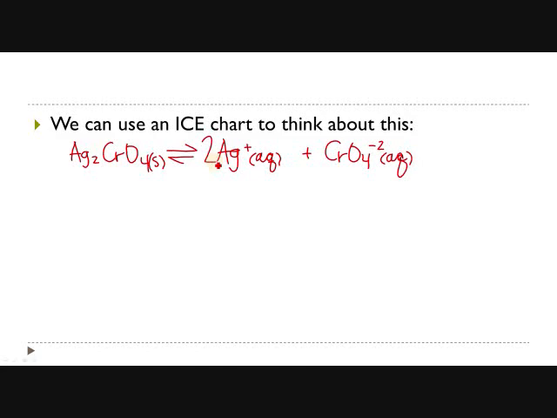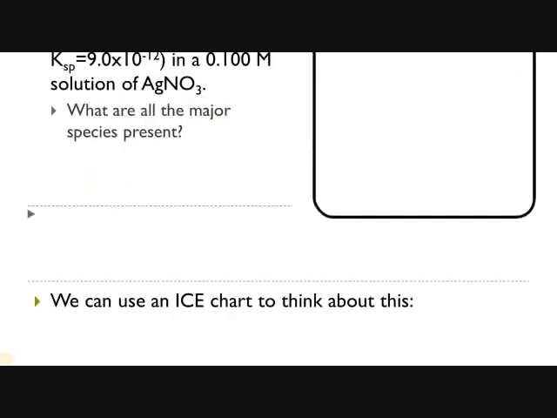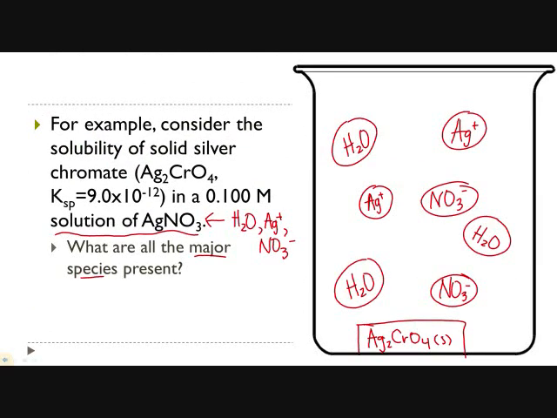Now, usually when it's just dissolved in water, we would say that the initial concentrations of our aqueous species on the product side are above 0. That is still true for the chromate, but it's not true for the silver ion, because one of the species that's present in the beaker is the silver ion.